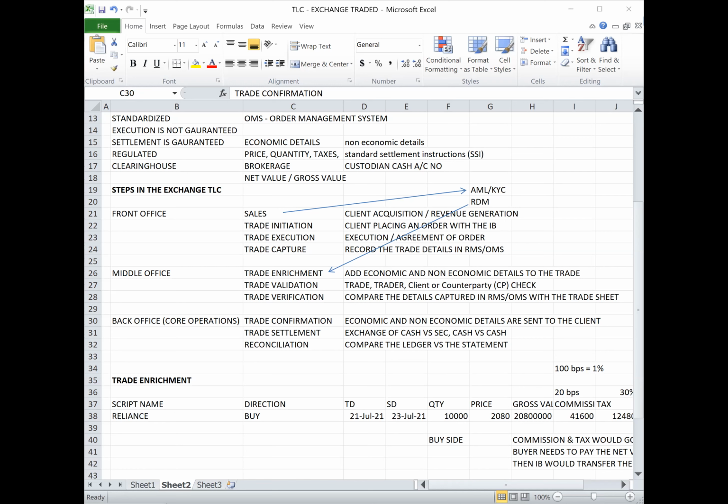It's like a receipt sent to the client to get a confirmation. It's like you are documenting the details of the trade between the investment bank and the client. It will serve as a proof record for future purposes.